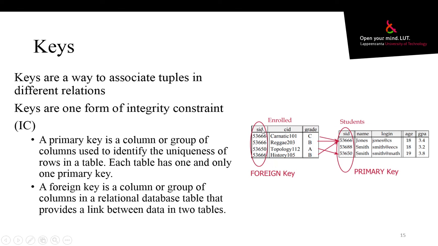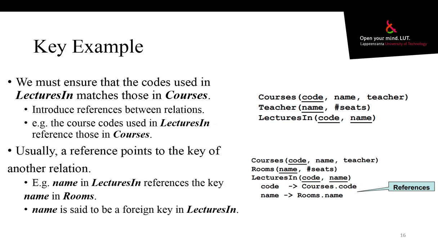The enroll table is referencing the students table, so the student ID here becomes a foreign key, and over here the student ID is the primary key. This is how you're able to relate data from one table to another table. This is a little bit of explanation of what I've told you earlier regarding referencing keys in a different table whenever you have a relation between entities, or relationship rather.